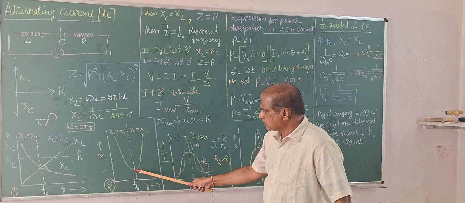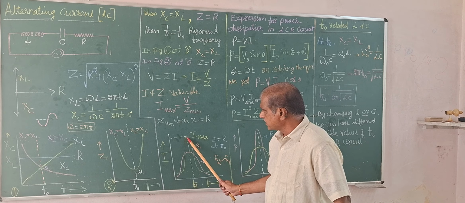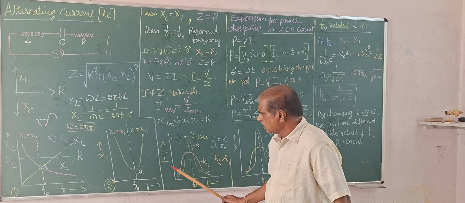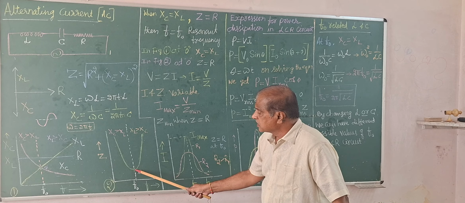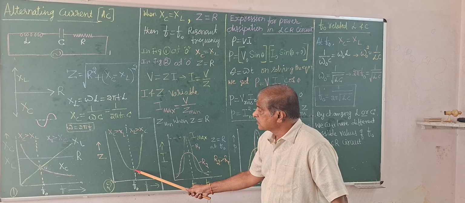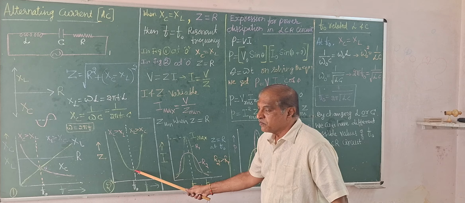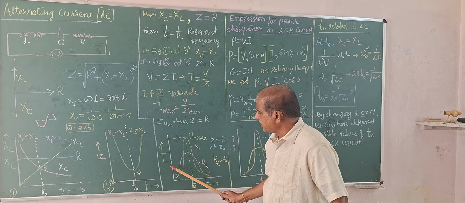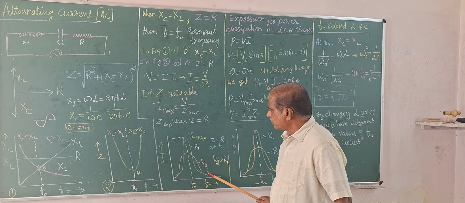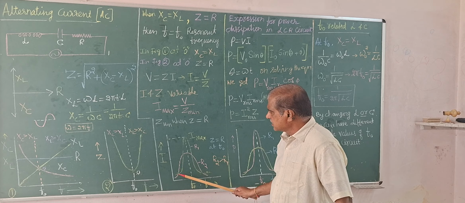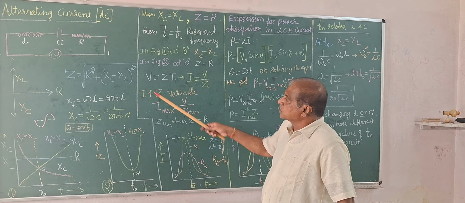Here this becomes a peak of maximum current. It shows that where there is a minimum resistance, the LCR exhibits minimum impedance and allows maximum current. It means maximum current flows through the circuit.